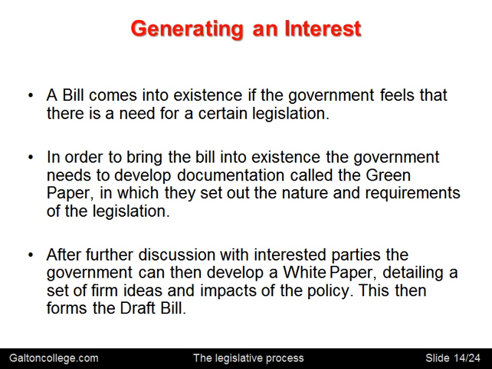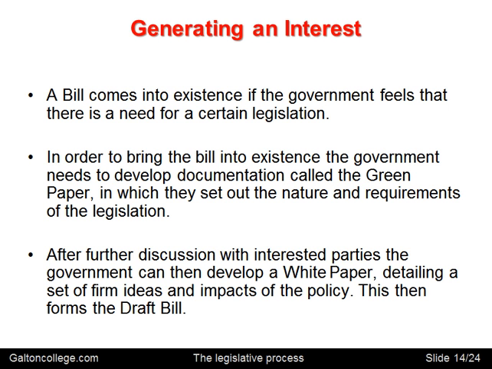After further discussion with interested parties, members of Parliament from the other parties, or maybe even outside agencies, different industries or trade unions or charities or whoever, the government can develop a white paper detailing a set of firm ideas and impacts of the policy. This forms a draft bill.